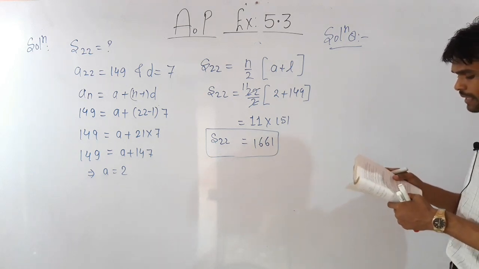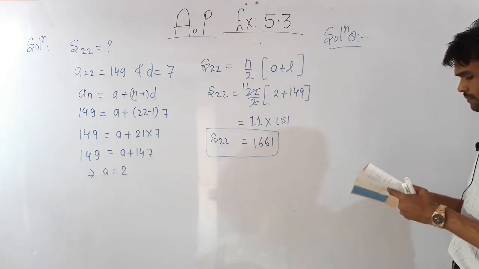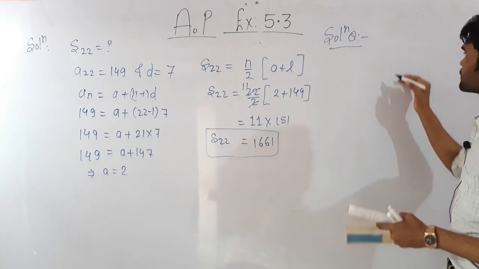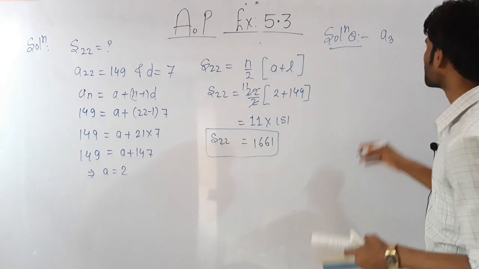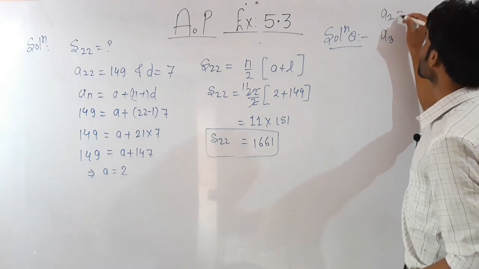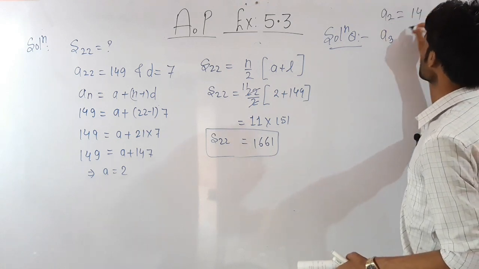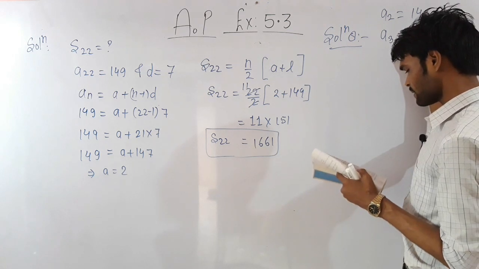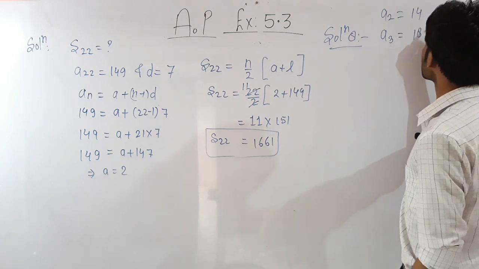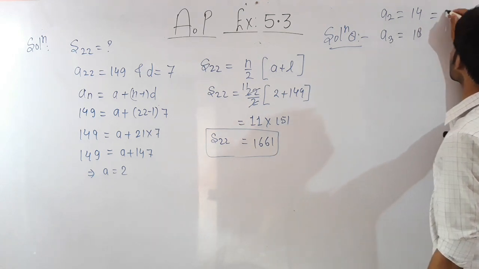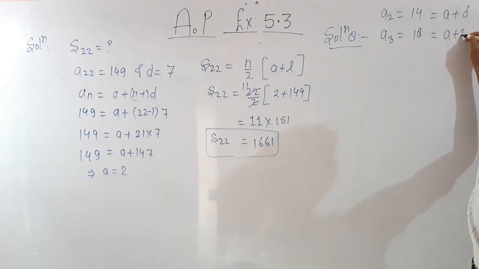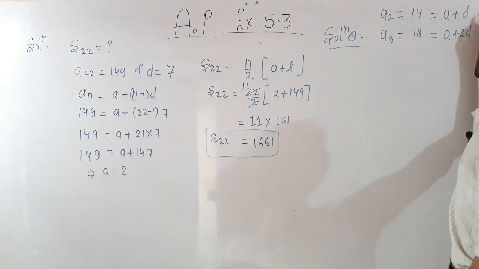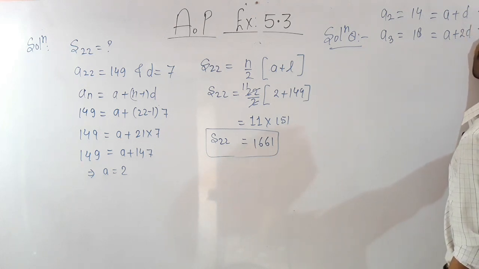So here you are given the third term, that is a3 and a2. Okay, so a2 is equals to 14, a3 is equals to 18. So from here you can write a plus d, and here you can write a plus 2d. Okay, let it be equation number first and equation number second.